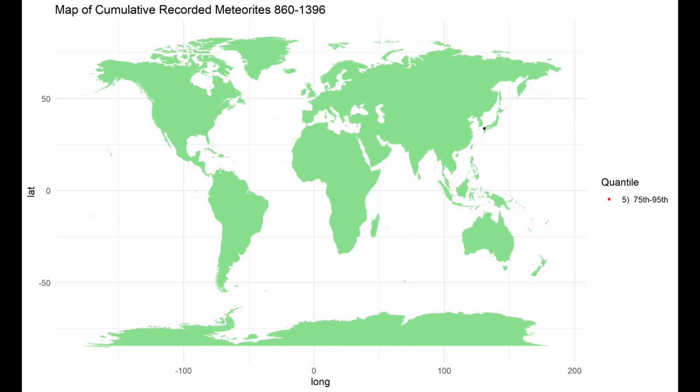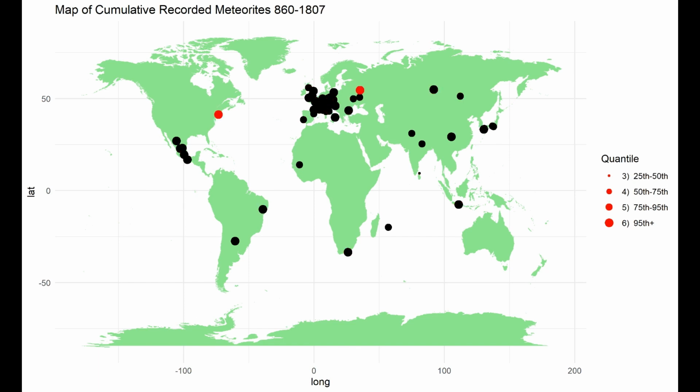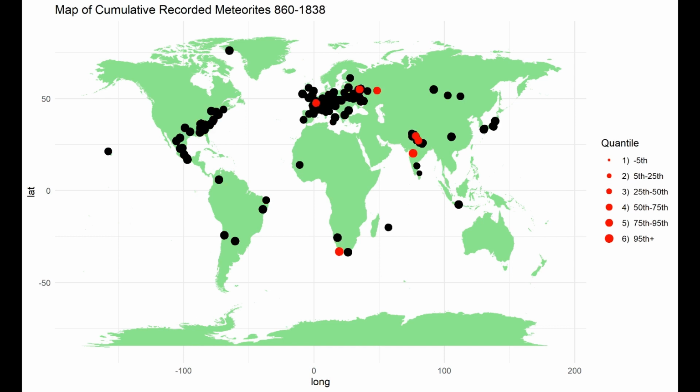So I've broken down that different sizing into different quantiles. The largest circle you see is going to represent the largest sized meteorites within this data set respectively. So once again, you can see that we have quite a bit of action starting to pick up around the 1700 to 1800s, and it starts to rapidly speed up 1900s onward.